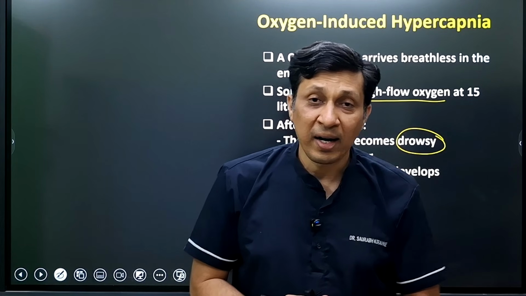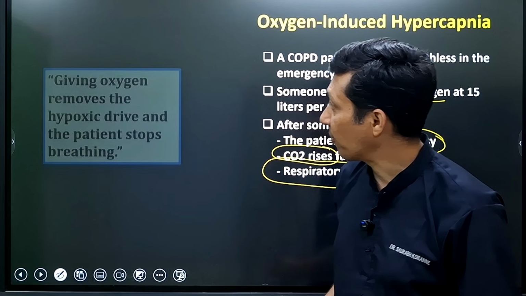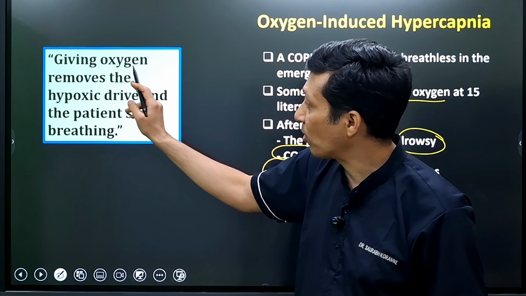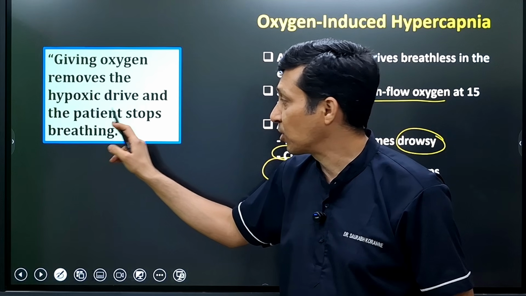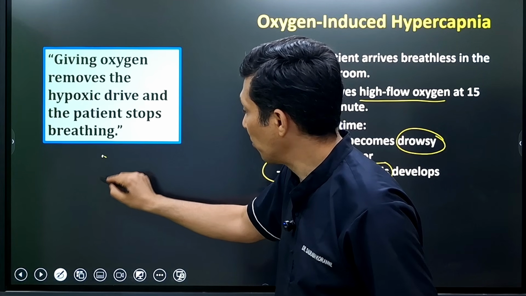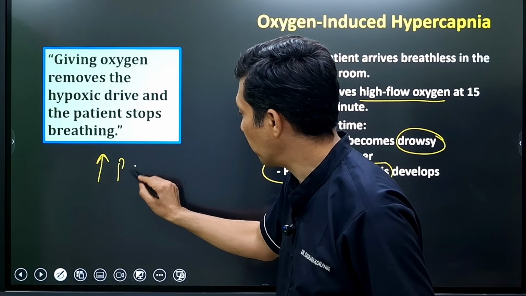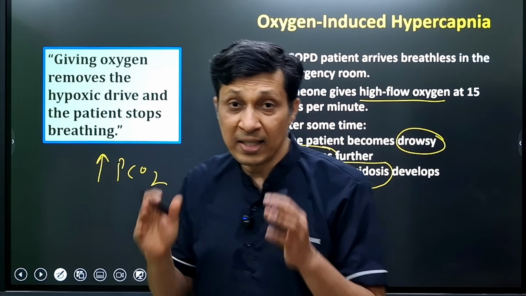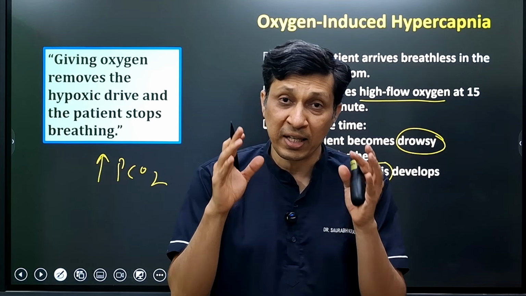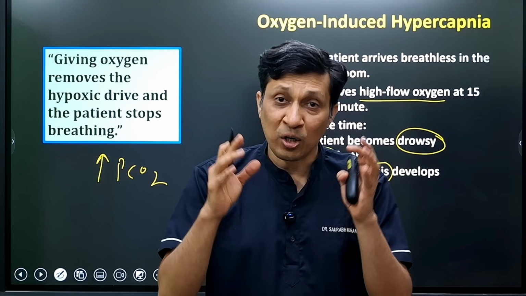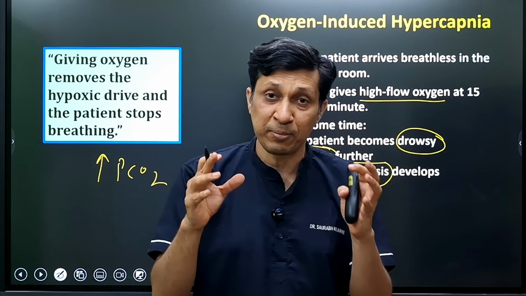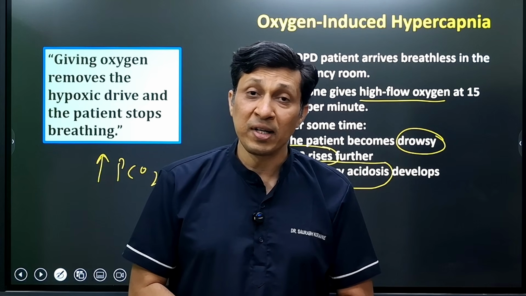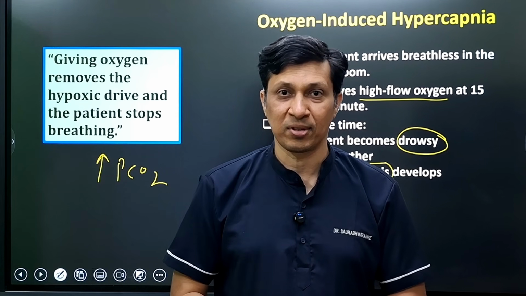What we are traditionally taught is that giving high flow oxygen removes the hypoxic drive, the patient stops breathing, and due to this there is a rise in the PCO2. But this explanation of hypoxic respiratory drive is not so simple, it is very complex, and it involves various types of mechanisms. So now we will see what those mechanisms are.